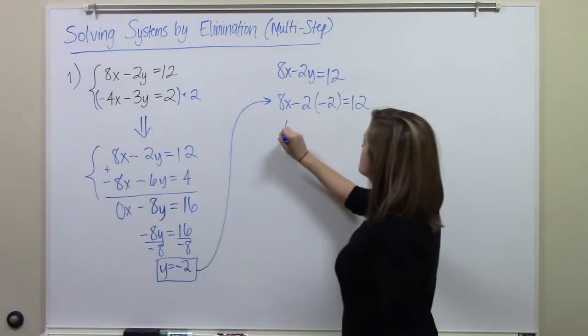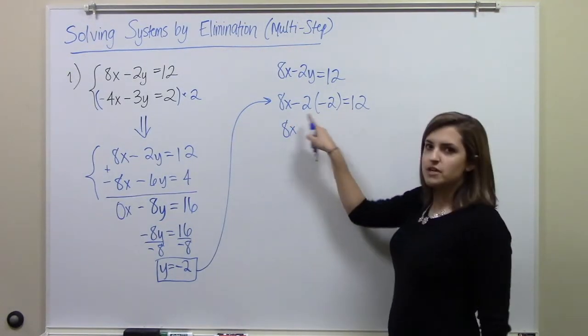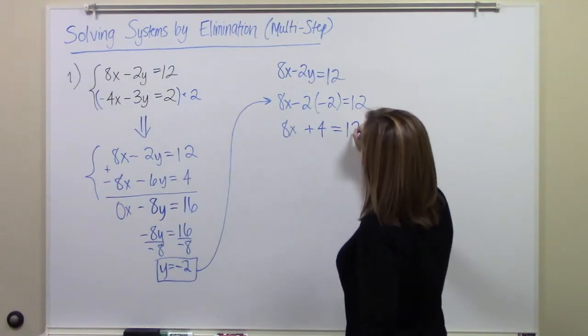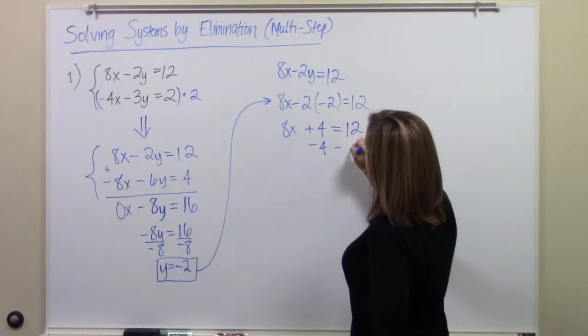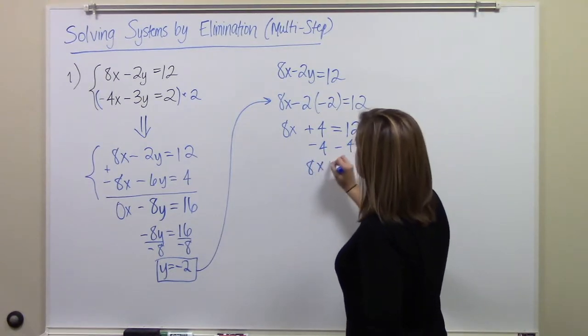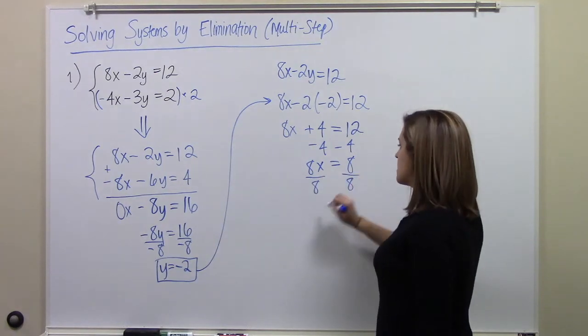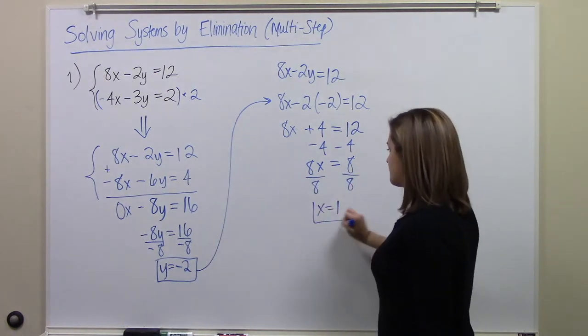And this equals 8x plus 4 equals 12, because minus 2 times negative 2 is a positive 4. And I subtract 4 from both sides, and I get 8x equals 8. Divide that by 8 on both sides, and x equals 1.